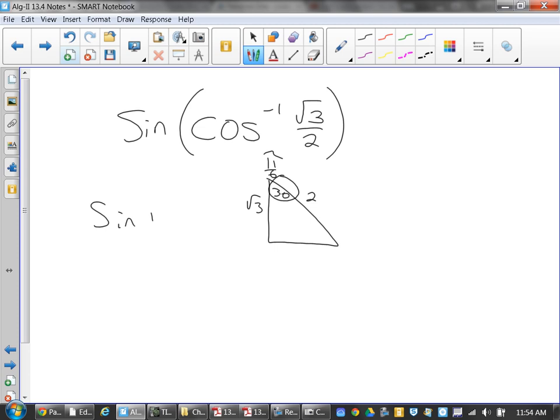So what's the sine of pi over 6? It's 1/2. So the sine of the inverse cosine of root 3 over 2 is 1/2.